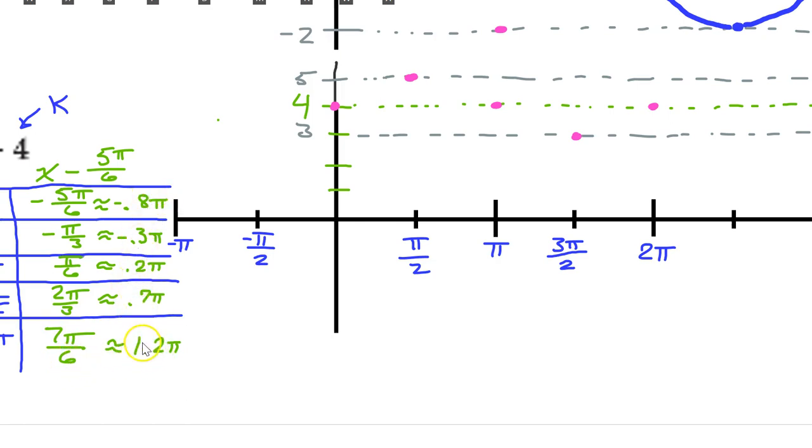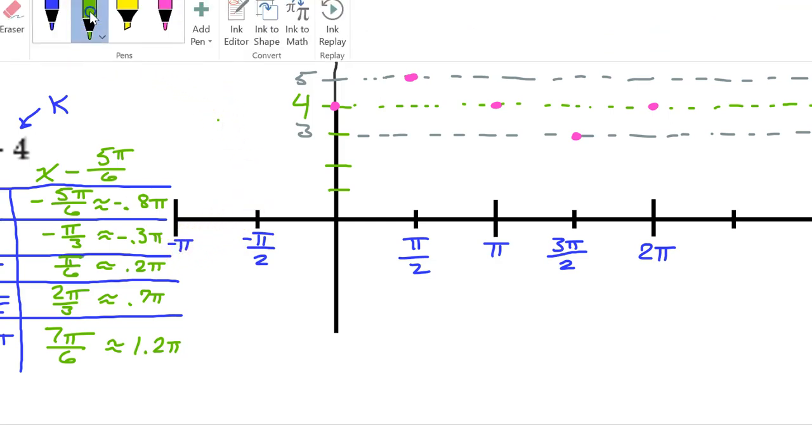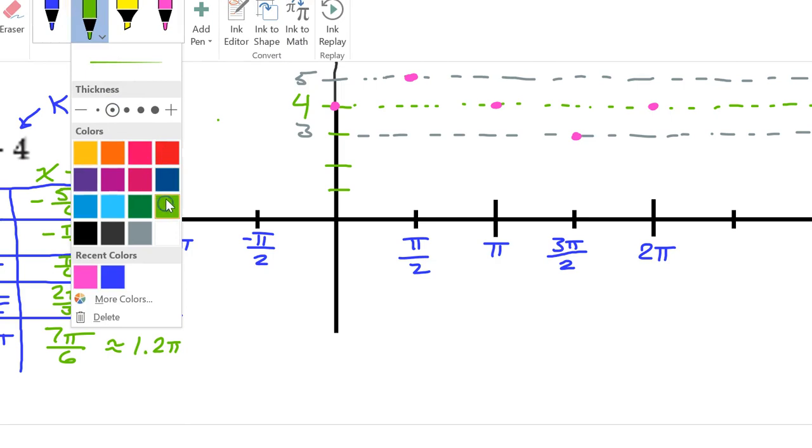So I have these decimal approximations. And also I labeled to the left. If this is pi over 2, then this will be negative pi over 2, and this will be negative pi. So this should help us understand what we are graphing.